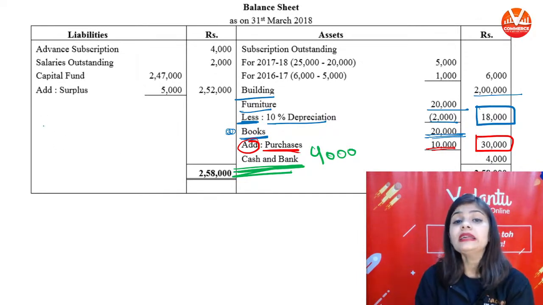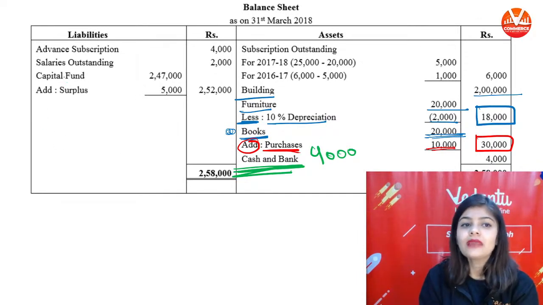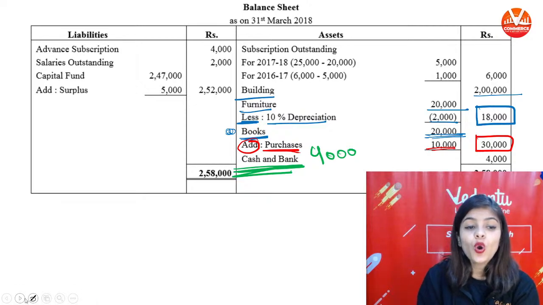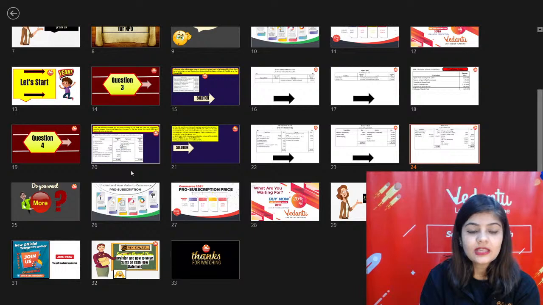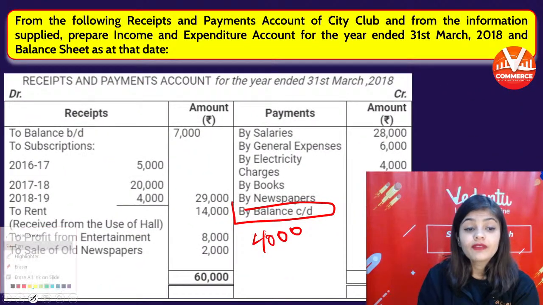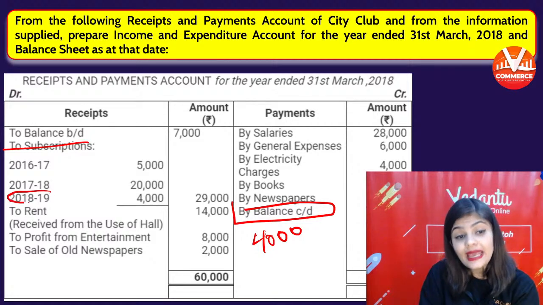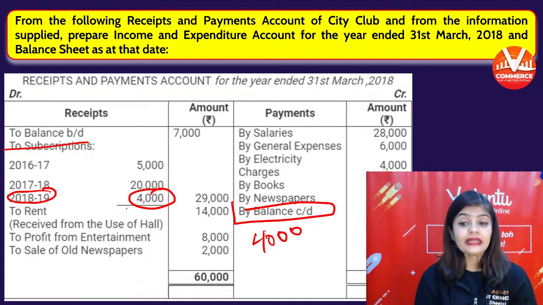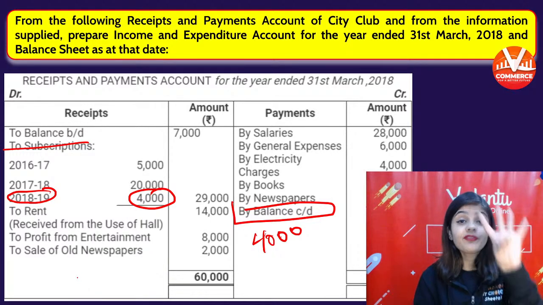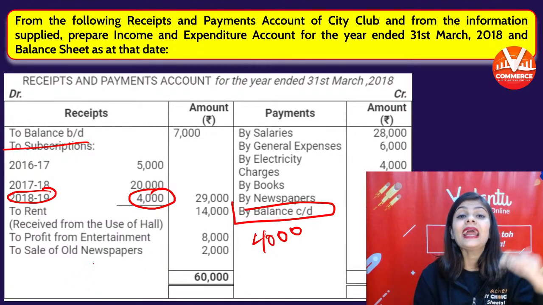Now we will write down the liability side. In the receipt and payment account, we have received subscription for the next year in advance. For 2018-19, we have received 4,000 subscription in advance.